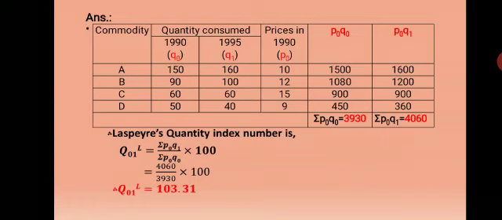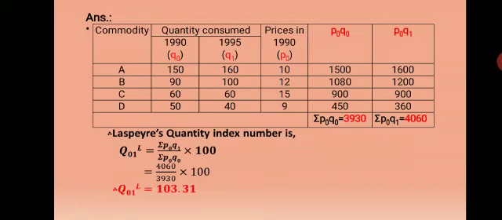Therefore, in the solution, we denote the quantity in the base year, that is 1990, as Q0, the quantity in the current year, 1995, as Q1, and the prices in the base year, 1990, as P0. According to the formula of the Laspeyres quantity index, we need to find P0 into Q0 and P0 into Q1.